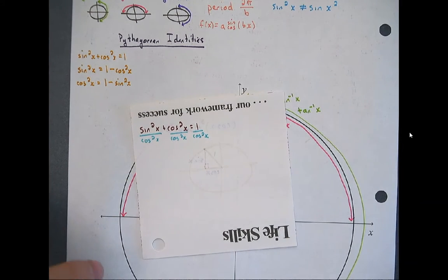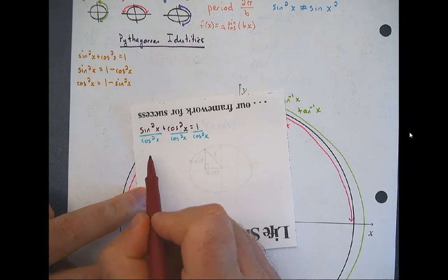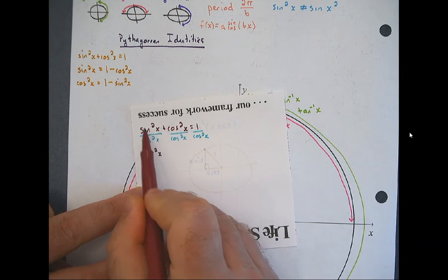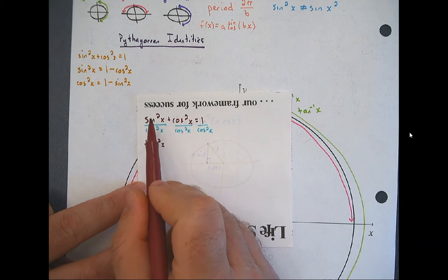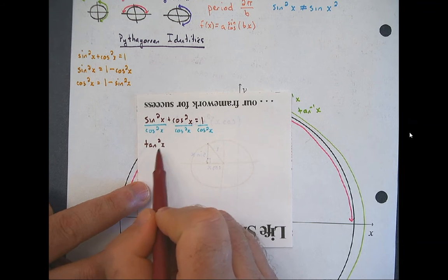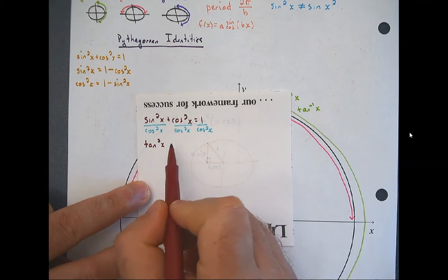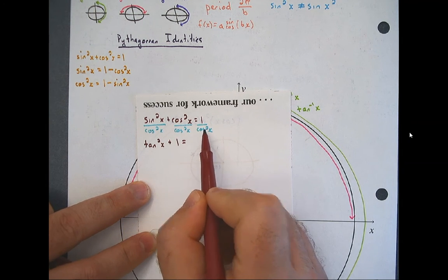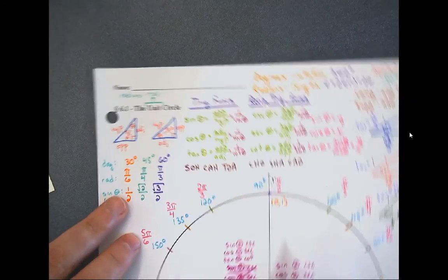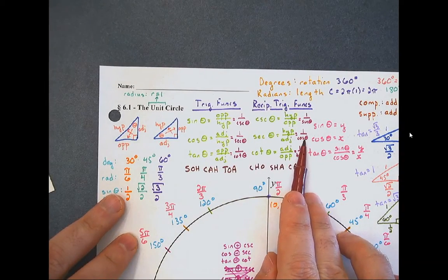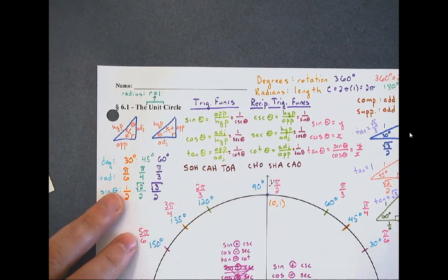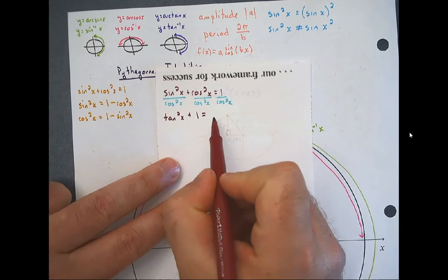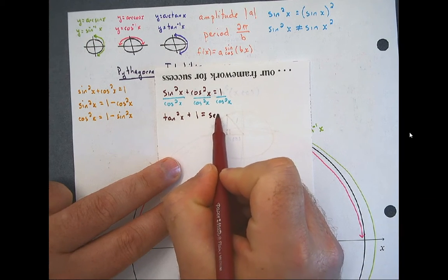So sine squared divided by cosine squared, we know from earlier, is the same as tangent. Sine divided by cosine is tangent, but because they were both squared, that's going to become tangent squared. Cosine squared divided by cosine squared, anything divided by itself, is 1. And 1 over cosine, we just talked about this. 1 over cosine is the same as secant. So 1 over cosine squared is the same as secant squared.